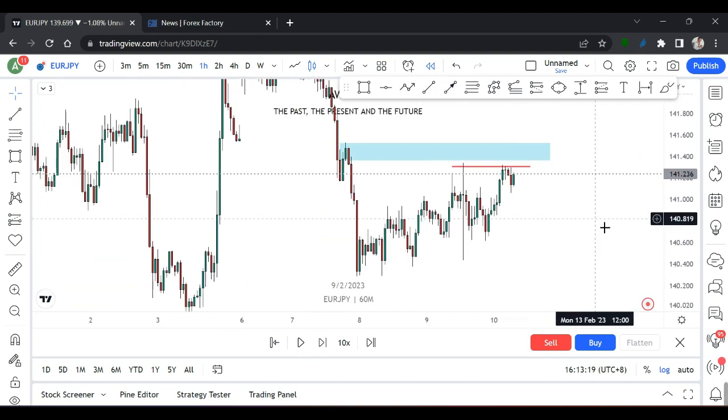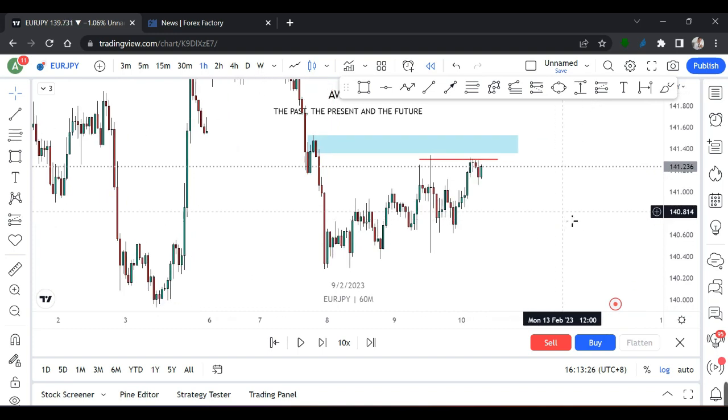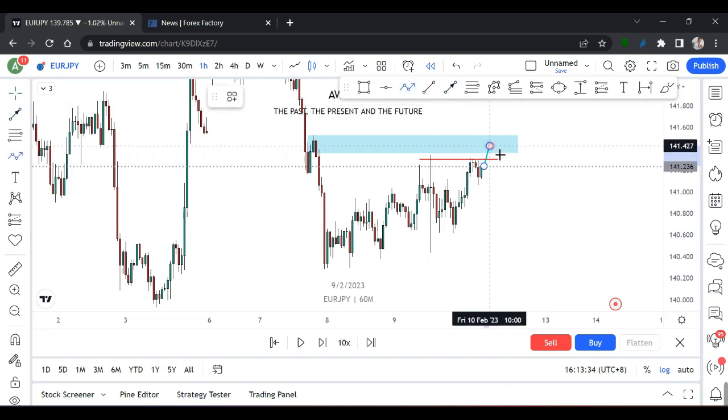Now let me share why you need to trade compression. One of the benefits is that when the price drops and reaches this area, it will of course have some hesitation at this point, because this is the demand zone.